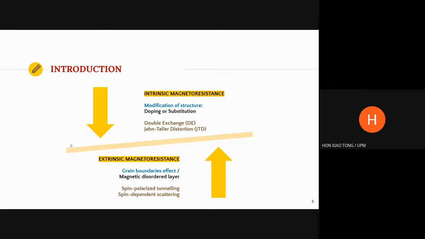It will affect the bond distance and bond angle and is mainly contributed by the double exchange interaction and also the Jahn-Teller distortion. While for the extrinsic MR, it is strongly related to the grain boundary effect and also the magnetic disorder layer. And the extrinsic magnetoresistance is mainly governed by the spin polarized tunneling and spin dependent scattering effect.